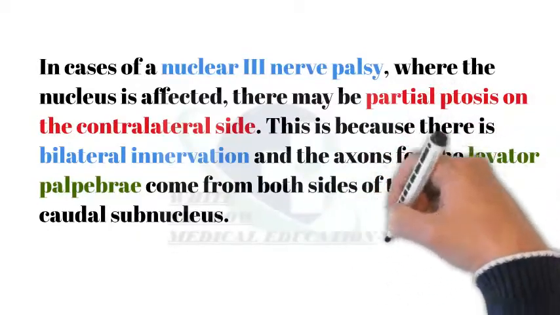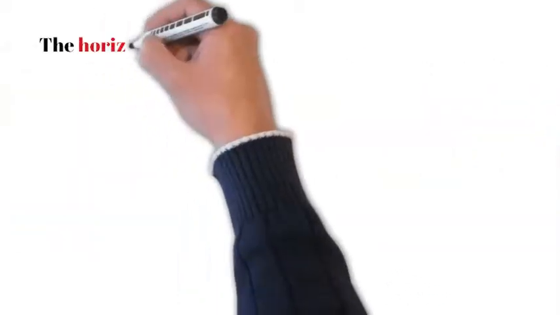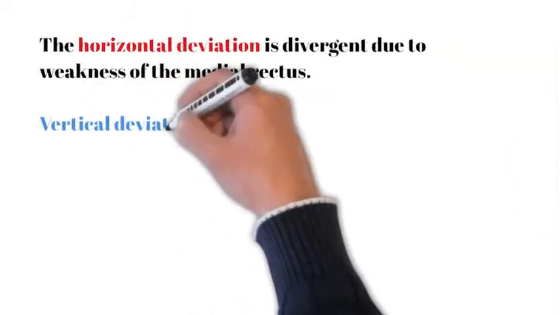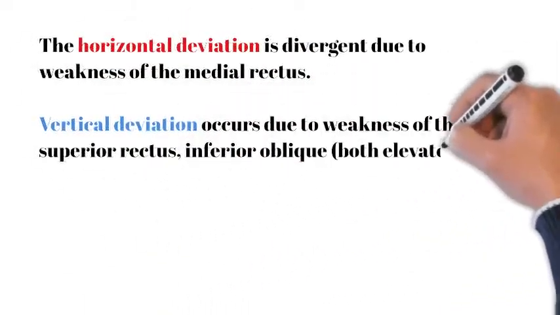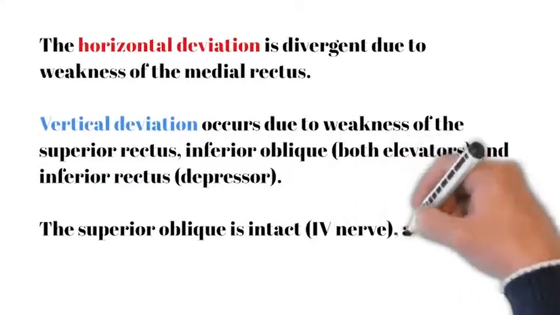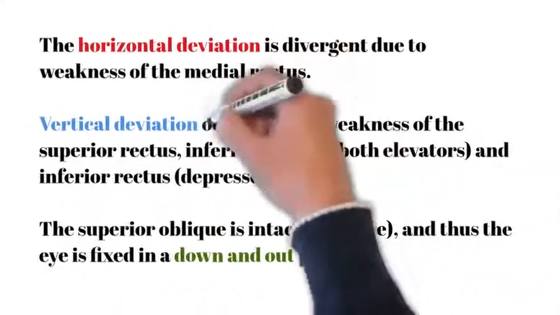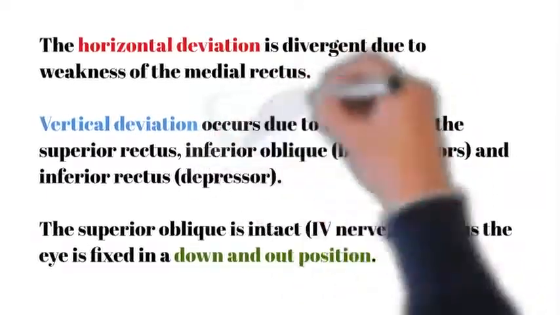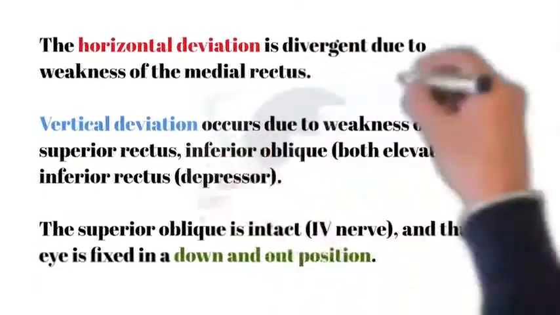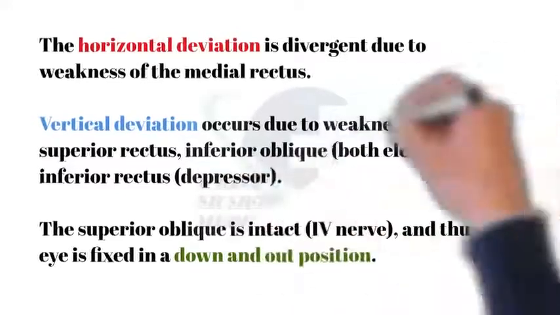central caudal subnucleus. The horizontal deviation is divergent, due to weakness of the medial rectus. Vertical deviation occurs due to weakness of the superior rectus, inferior oblique, both elevators, and inferior rectus, depressor.